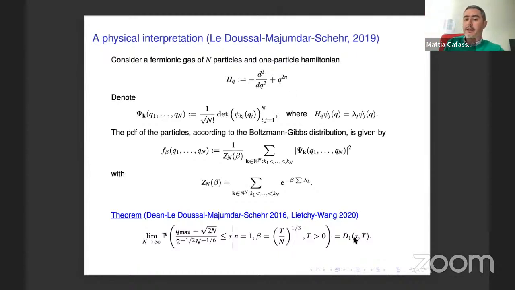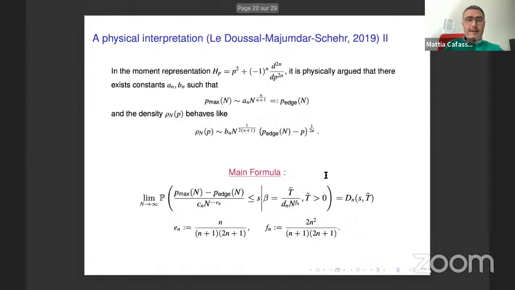You always have this D1 s t, which is nice from a certain point of view because it means that your distributions are really universal, they are important. But also a little bit disappointing because we already studied this distribution. But what is very interesting in this work by Le Doussal, Majumdar, Schehr and collaborators is that if instead of studying the positions of these fermionic particles, you study the momenta, you arrive at a different distribution.